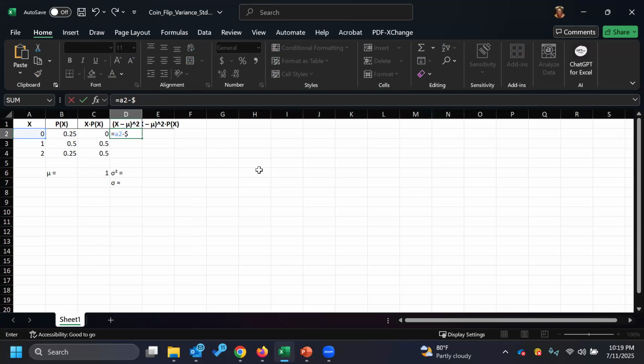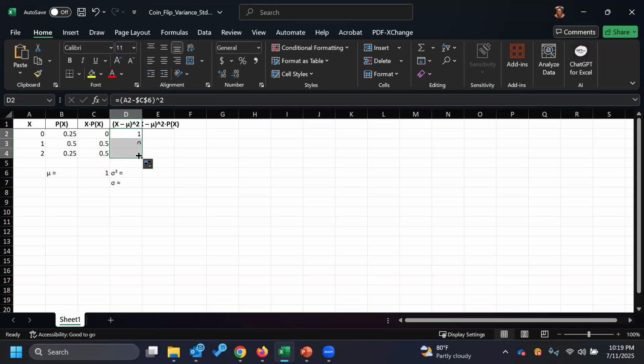So to keep it the same, I'm going to use the $ sign to keep the position static there. But now I needed parentheses around this because we're going to square it. So parentheses, close parentheses, and square. Now I can drag my formula and see it'll automatically fill in and just this number rotates, but the C6 stays the same, okay?